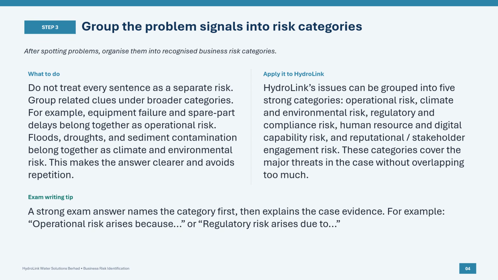The major problem is the equipment failure. So when you identify the risk, you identify equipment failure. Then in your explanation, you add more words: when the spare part is delayed, the equipment failure is prolonged. That will be a good example.